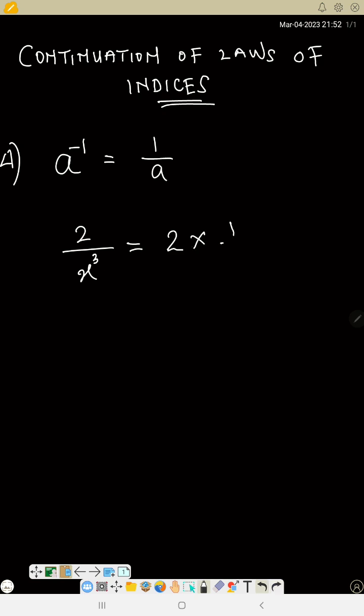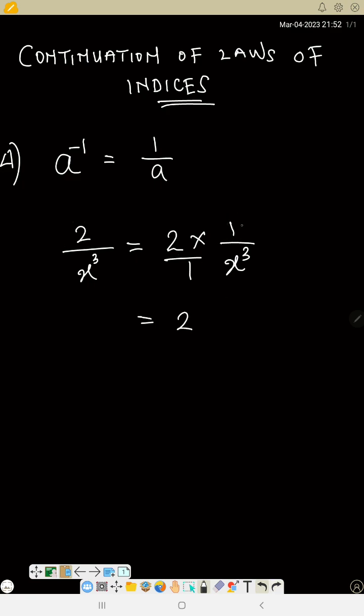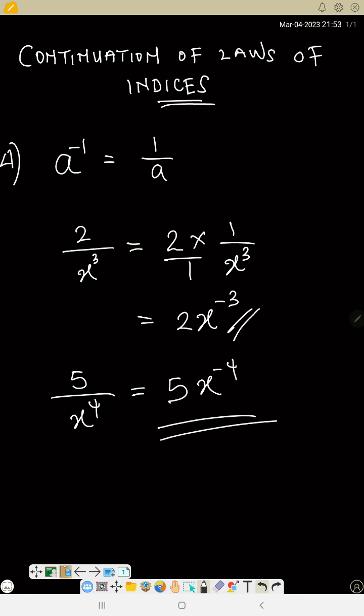That is like saying 2 times 1 over x cubed, as in if I split it, because 2 times 1 will give me 2, and 1 times x cubed will give me x cubed. So that is how we can split it. So now this will become 2, and instead of 1 over x cubed, it will now be x raised to power minus 3. That means if there is any number on top, you write the number first, then x raised to power minus 3. So that is how we can change numbers from one rule to another. So in the next video, I'll do the remaining rules. Then we can solve examples.